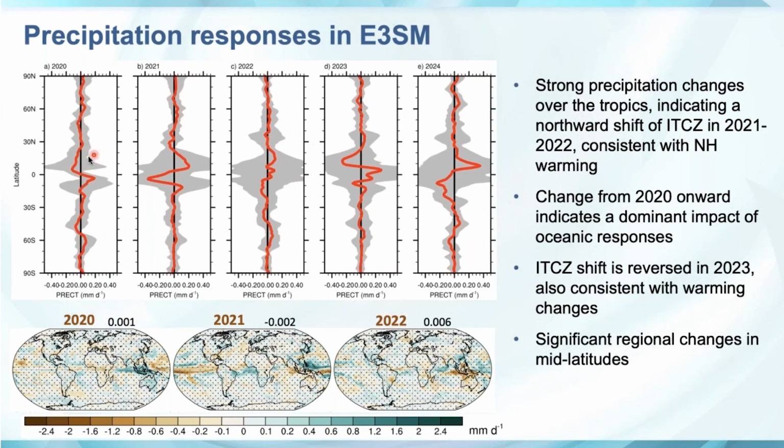So the ITCZ, the precipitation, shifts to the northern hemisphere, where the northern hemisphere is warmer. And changes from 2020 all the way to 2024 indicate a strong dominant impact of ocean processes. So we'll look more into those changes.